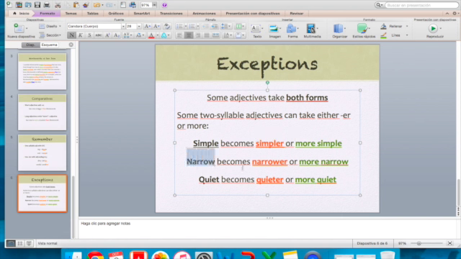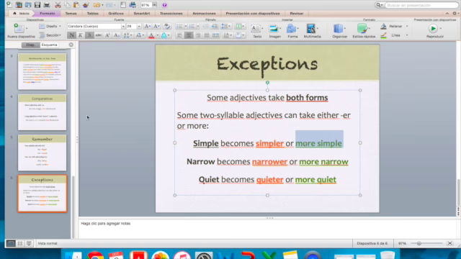Narrow, you can say narrower or more narrow. And quiet, you can say quieter or more quiet. I personally prefer to use these ones, but it depends on you. You have to choose which one sounds better or more natural to you.